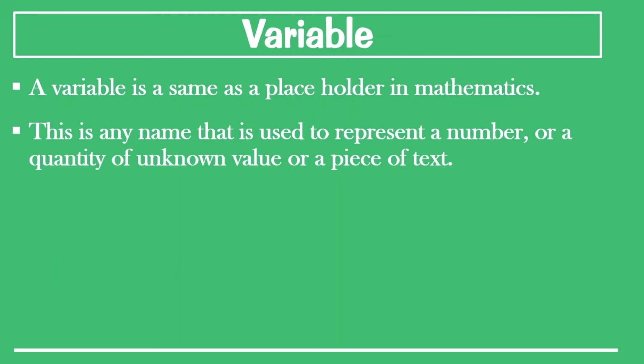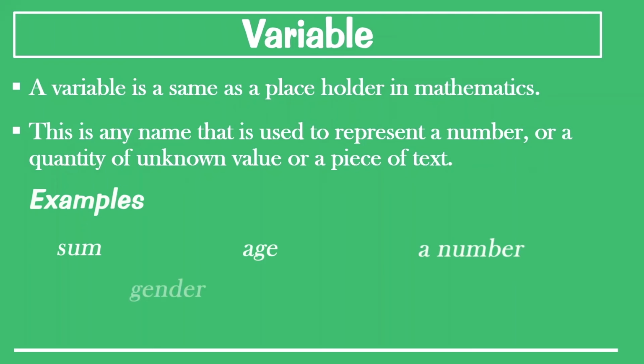A variable should make sense and be closely related to the problem that has to be solved. Let's look at examples. Number 1, sum. 2, age. 3, number. 4, gender. 5, total or count, etc.